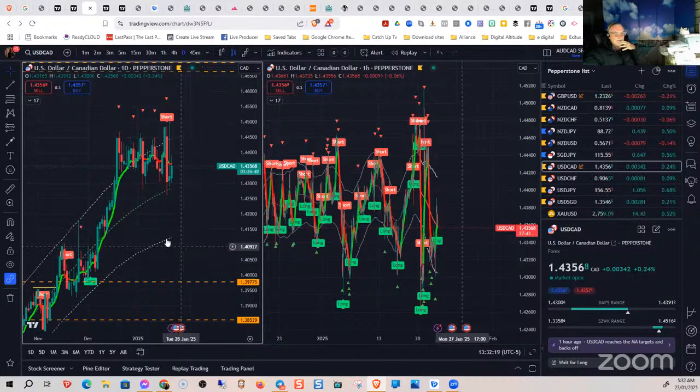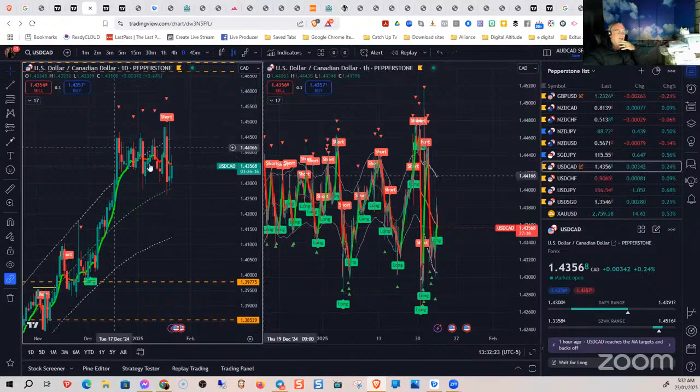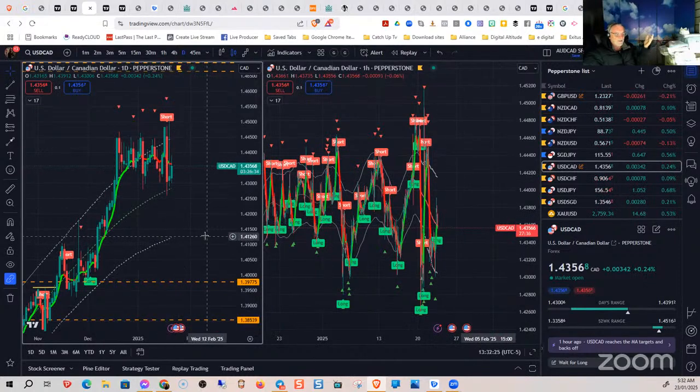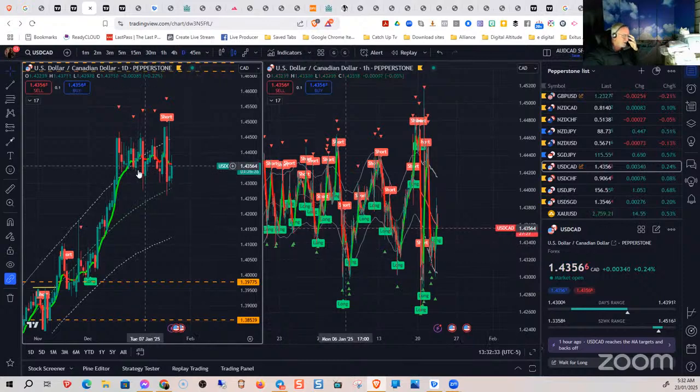I think the US is coming off at the minute. But against the Canadian, it's difficult. It's a bit like AUD, NZD, and Euro GBP. Those currencies are so intertwined. You get this consolidation occurring from time to time.